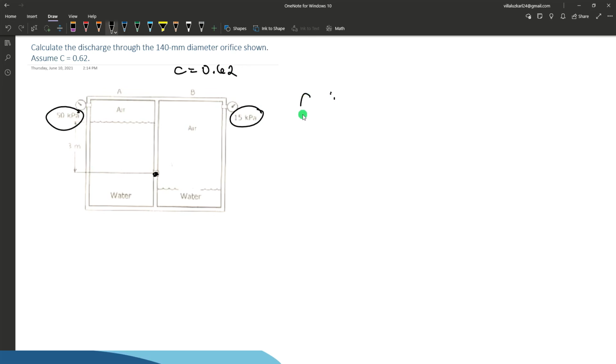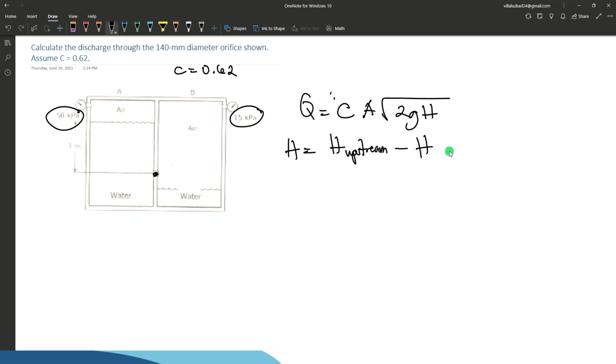In solving the actual discharge, we have C A times the square root of 2gh. So what is h? h is just the difference of the head on the upstream and the head on the downstream.